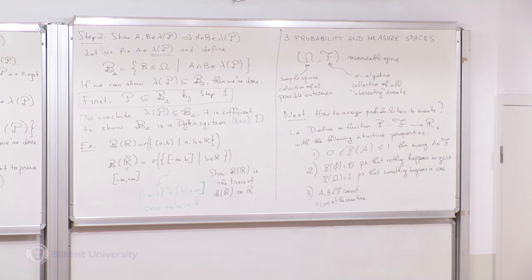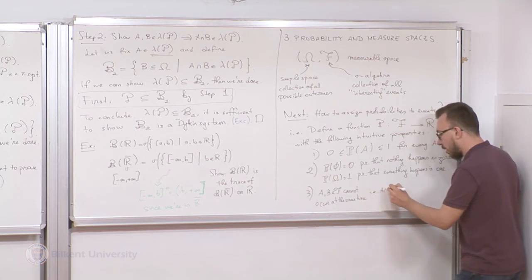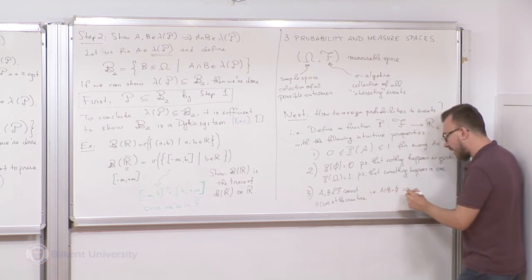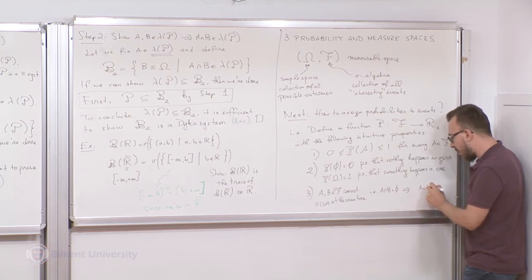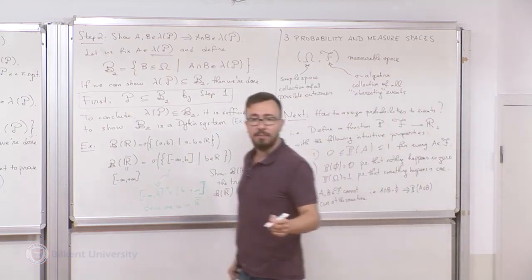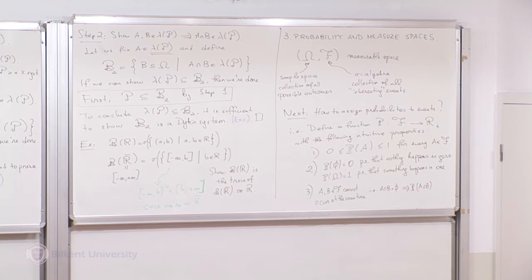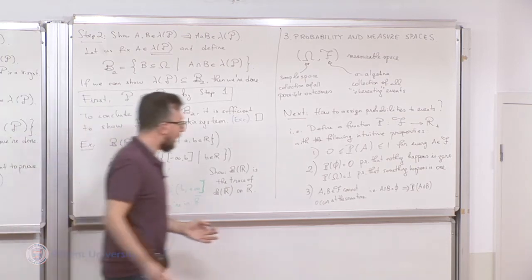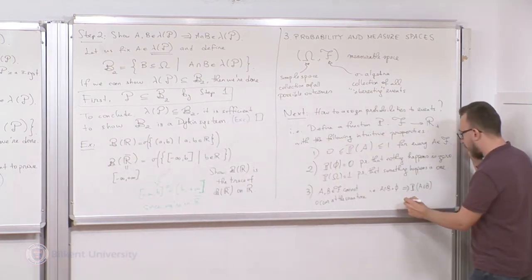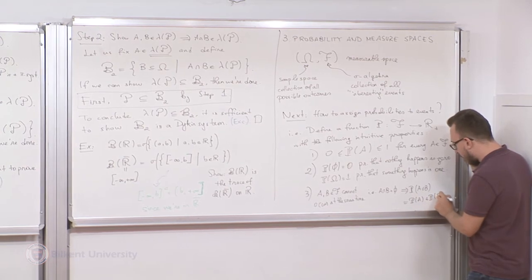Disjoint, right? So if this is the case, then what can you say about the probability that one of A and B, so the probability that A or B happens? Just the total of the two probabilities, right? Is equal to probability of A plus probability of B.